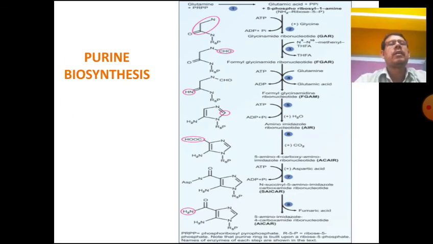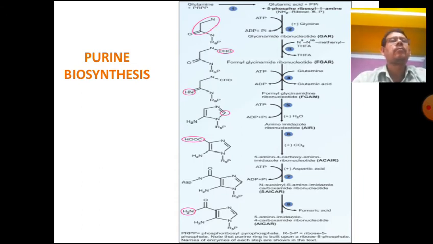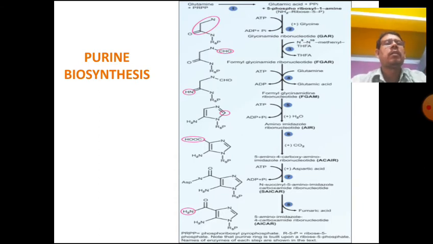This is the steps for the purine biosynthesis. It starts from PRPP and glutamine, then it is converted into phosphoribosylamine.